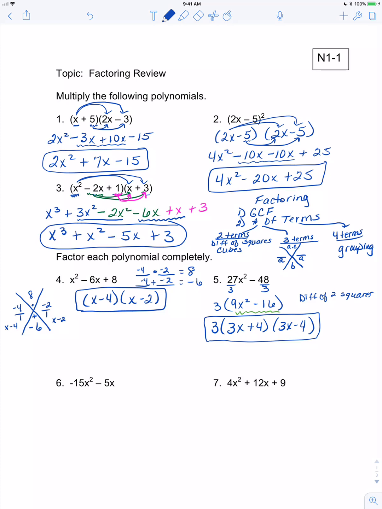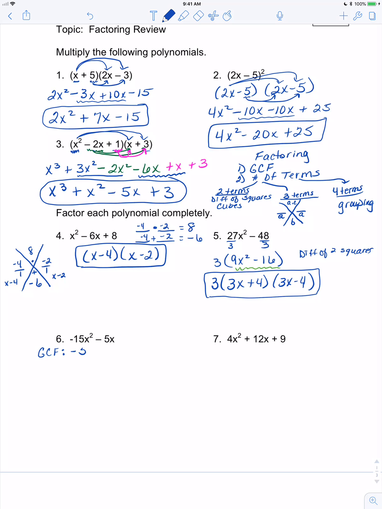Okay, so number 6 here, we have negative 15x squared minus 5x. And anytime we have a leading coefficient that's a negative and we see that we have a GCF, we are going to take out that negative GCF. So I'm going to take out a negative 5, and then both terms have an x, so we're going to take out that x also.